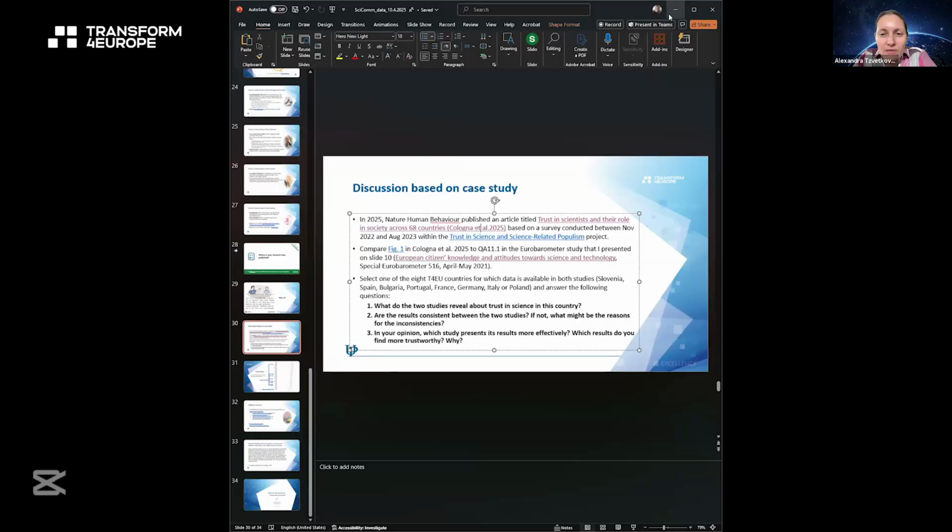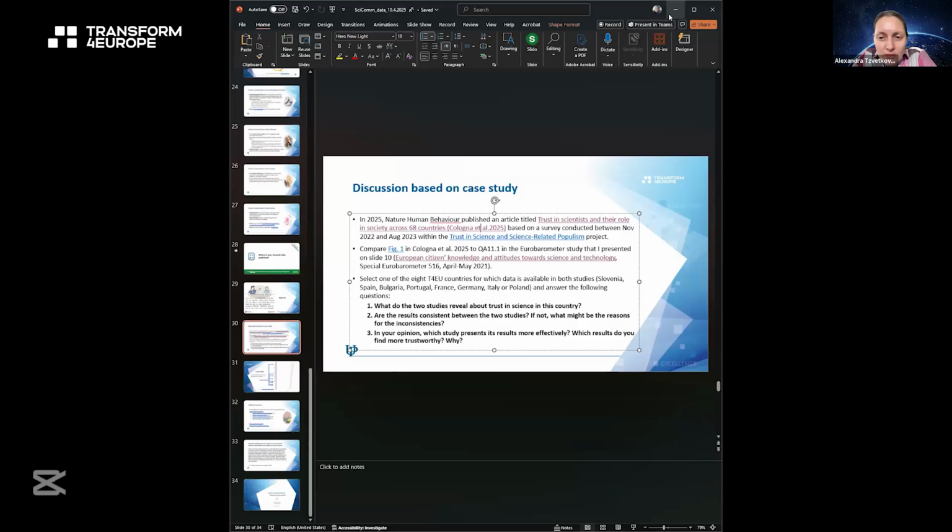And this score places Bulgaria slightly below the global average. And then the second Eurobarometer study puts it at 50% of Bulgarians expressing trust in scientists, which is below the European Union average of 66%. And this indicates that Bulgaria has one of the lower levels of trust amongst EU members.